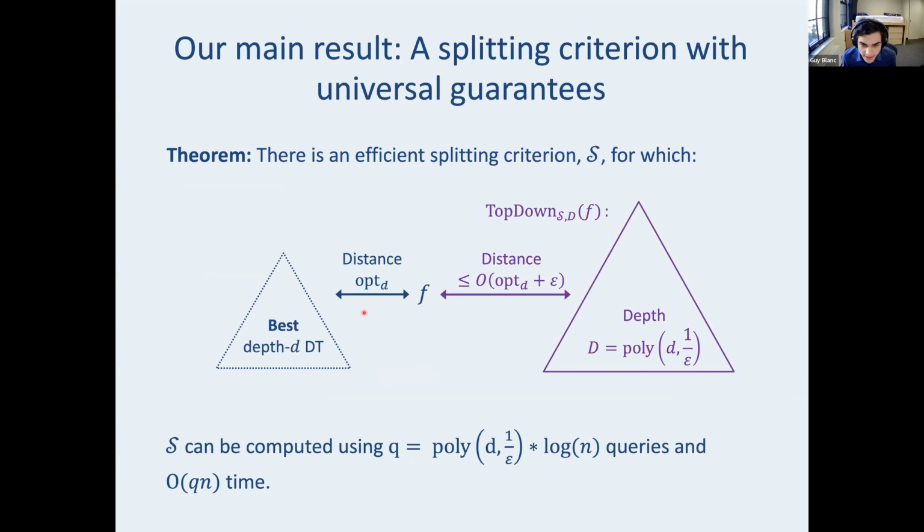Okay, and now for our main result, something I like to call a universal splitting criterion. There's an efficient splitting criterion, S. Here, remember, we're working in query access to f.